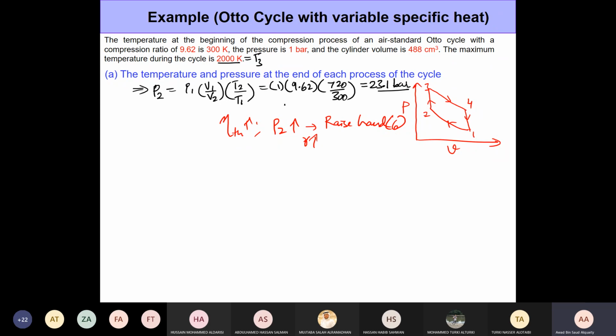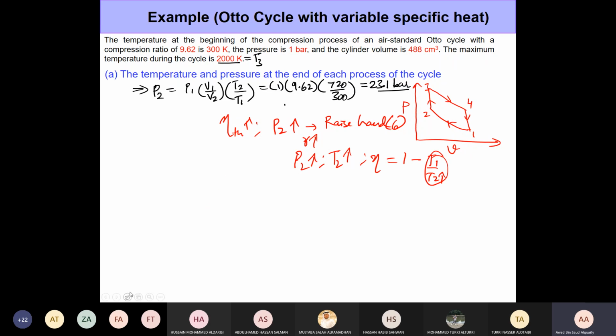The simple reason is that when you increase P2, as Turkey says, you're increasing the temperature of heat addition, right? You're increasing T2. So if you recall, the efficiency formula for the Otto cycle is 1 minus T1 by T2. So if you're increasing T2, of course, this term becomes smaller and the thermal efficiency goes up, right? So this is simply what's happening here.